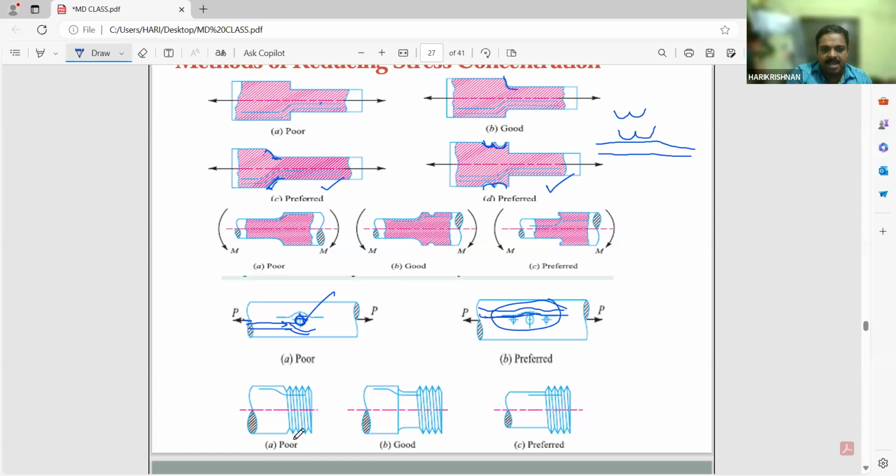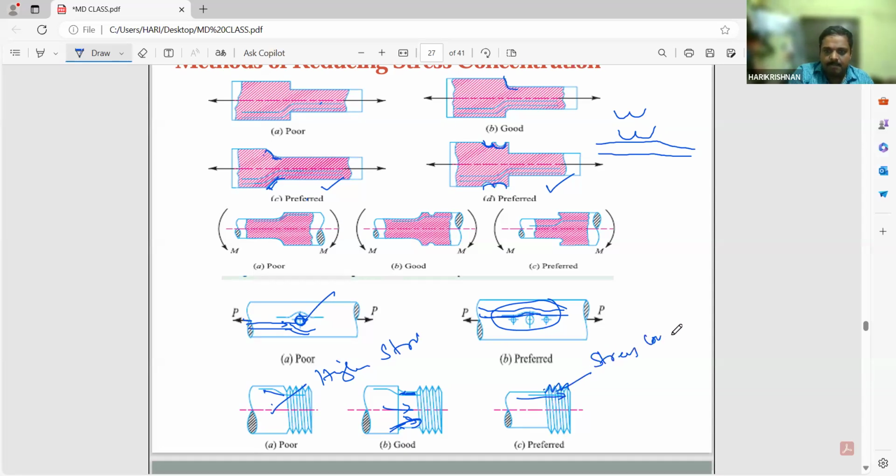Similarly, if you are using a tool or a nut, etc., also, if you provide a little bit of length over here, it can understand there is a reduction in area, and it will be preferred or good. But in this case, it will be having higher stress concentration. But here you may see the cutting is above, so stress concentration will be less.